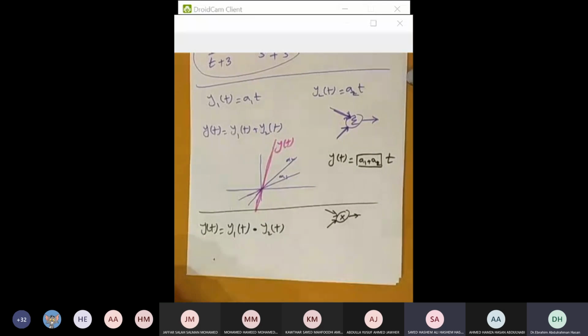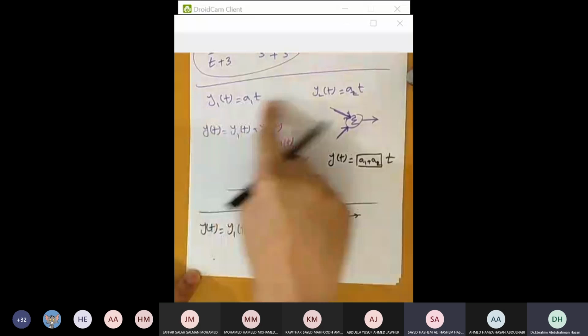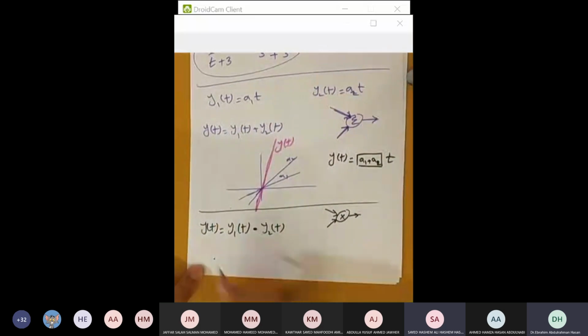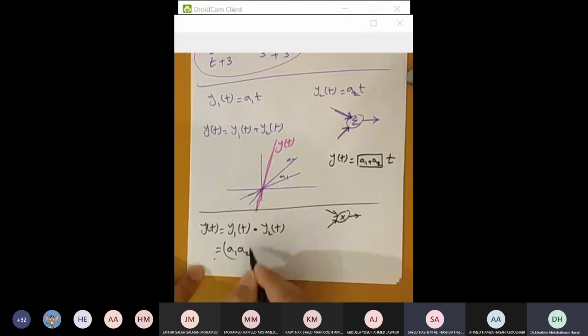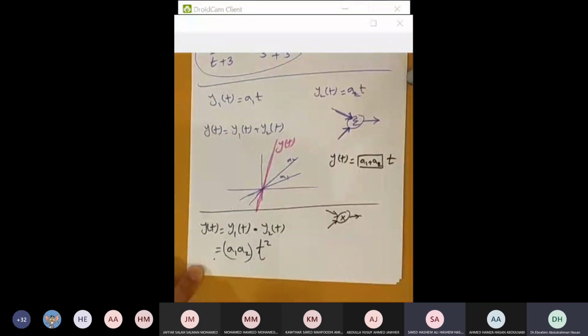What do I get? A quadratic formula, which is a parabola. So y of t will be equal to a1 multiplied by a2 and t multiplied by t, which is t square. It is like we have some constant alpha multiplying t square.